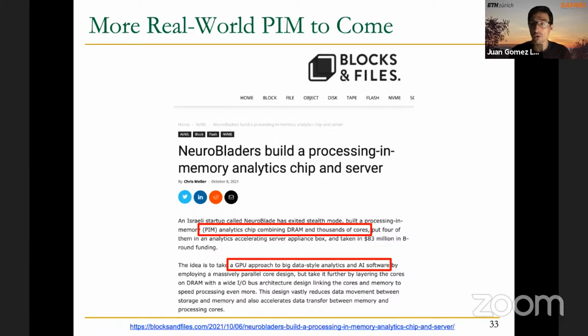They say it's an approach similar to a GPU. It's similar to a GPU for sure, because it has thousands of cores, so it should be good at exploiting data level parallelism.